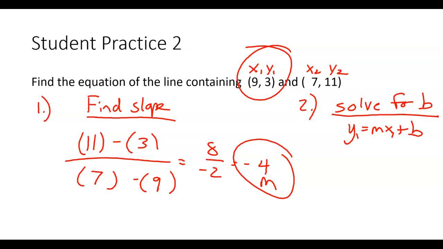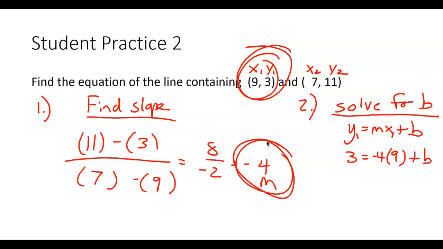All right, so for our Y1, what are we plugging in for Y1? 3. Mm-hmm. What are we plugging in for M? -4. What are we plugging in for X1? 9. So that's these numbers here, basically, right?